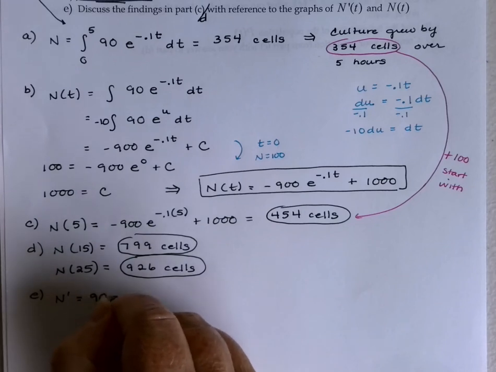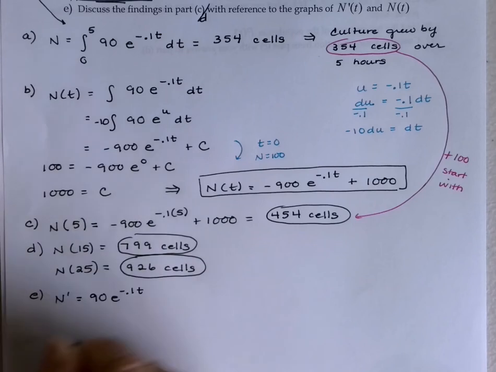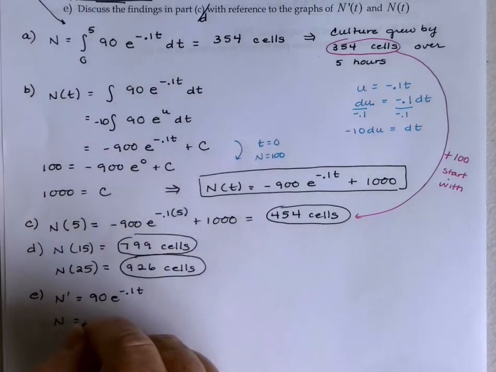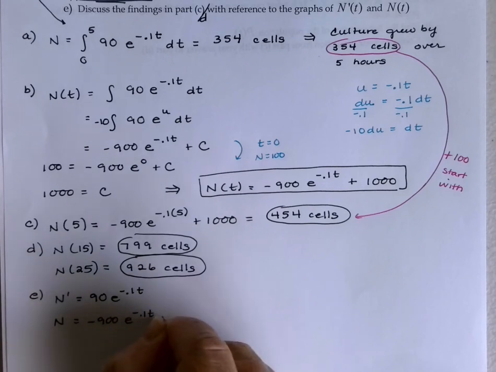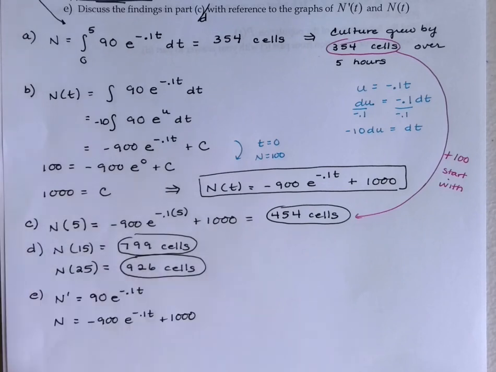It was 90 e to the negative 0.1 t. N itself was this. Let's look both mathematically as well as at some of our numerical examples to think about what's happening here.